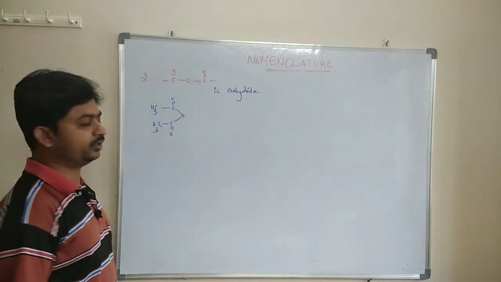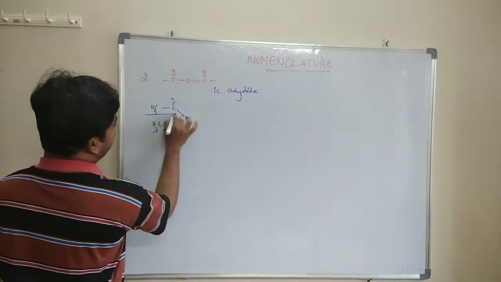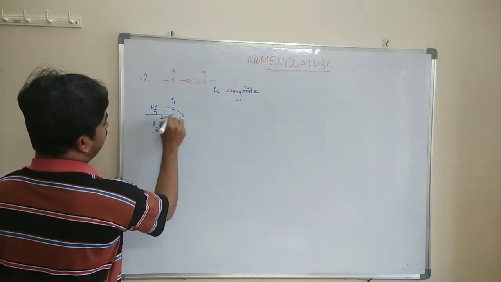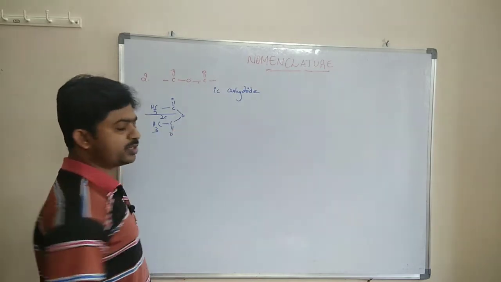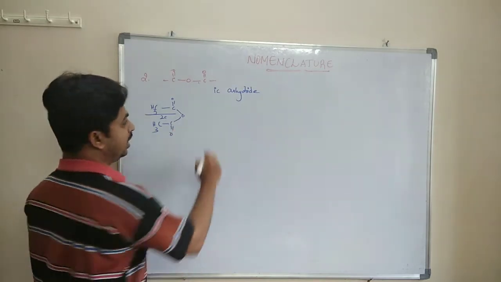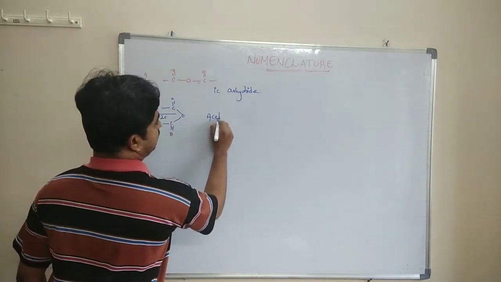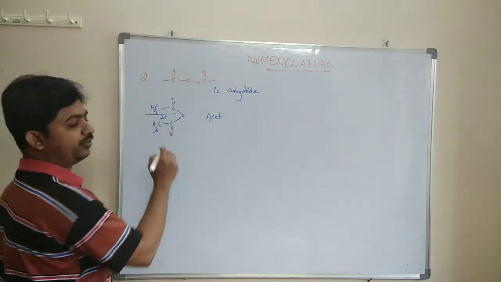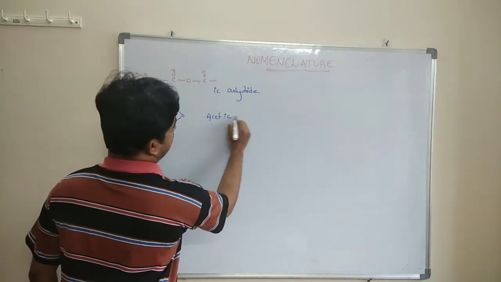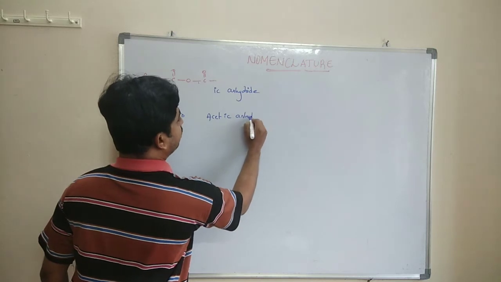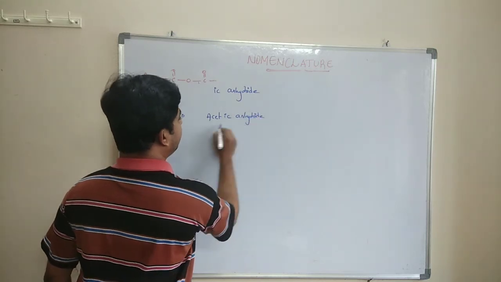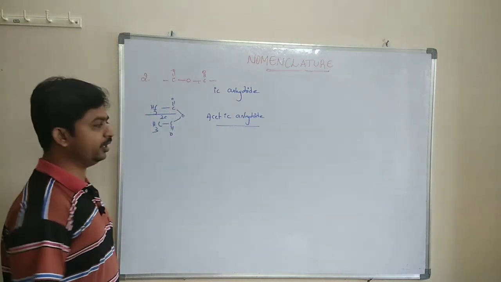What is the name of this compound? It has two carbons, a two carbon chain. If two carbons are there, the word root becomes acet. Then the suffix is ic anhydride. The name becomes acetic anhydride.